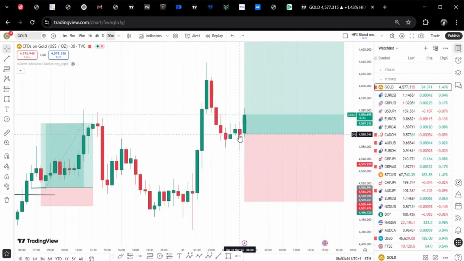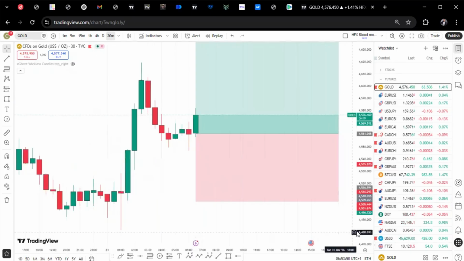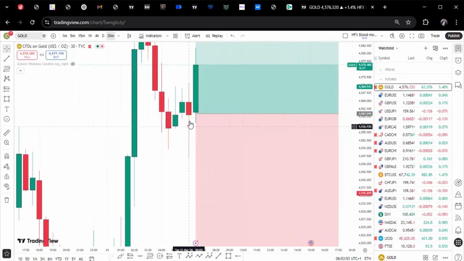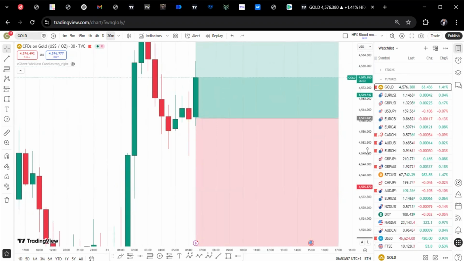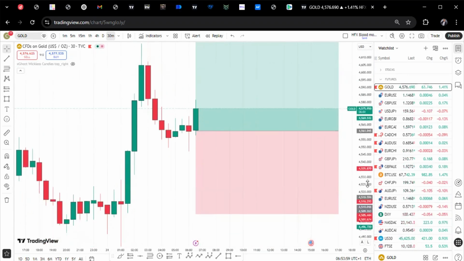Okay, no, this one is more or less a pin bar, but not really exactly a pin bar. You can see the same similarities, having a long lower wick and of course a higher wick. So that is what we are expecting of this market at this very point, right?